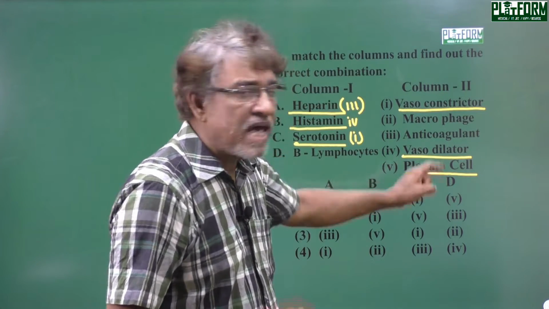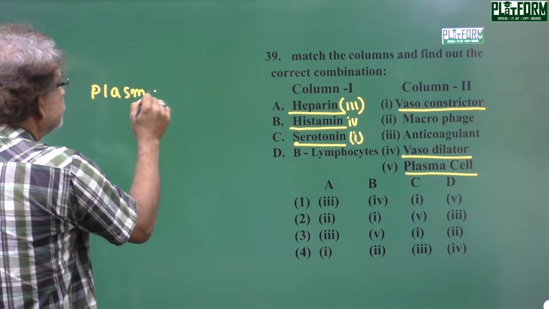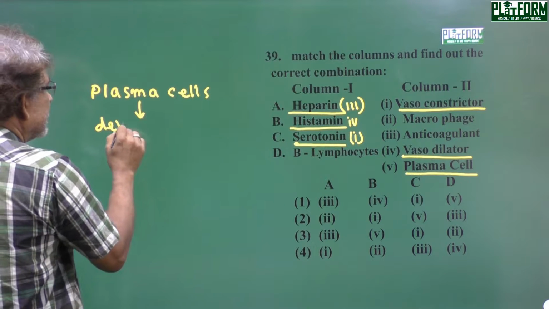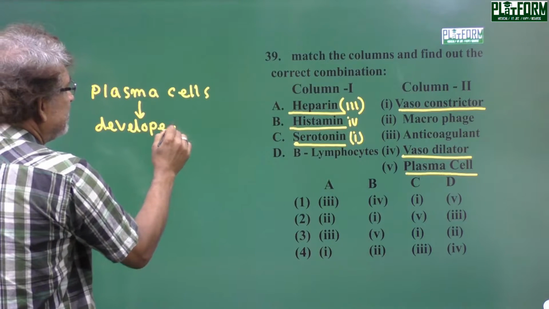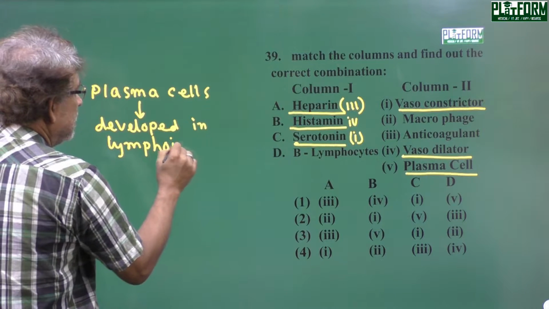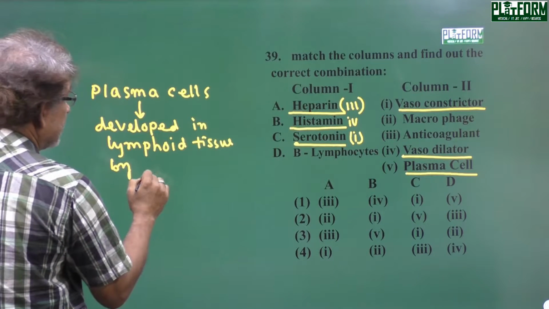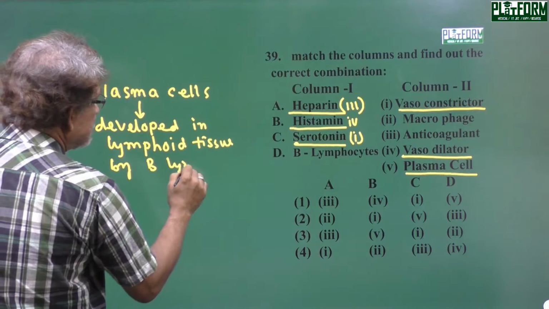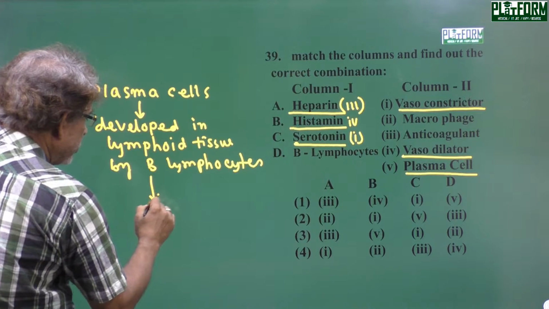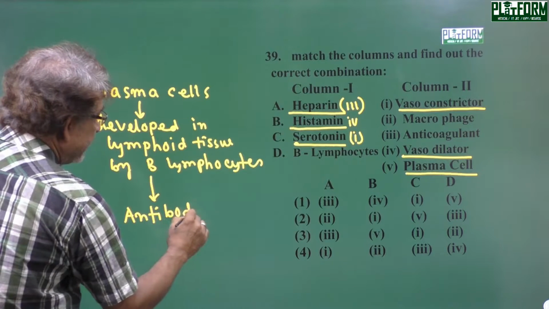Actually, plasma cells are developed in lymphoid tissue by B lymphocytes and produce antibody.